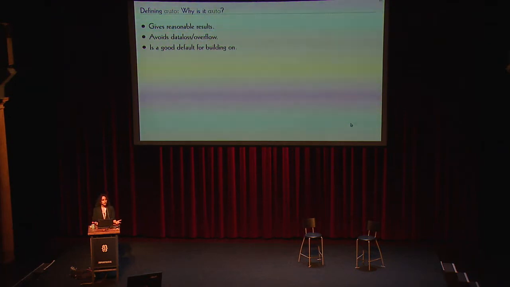We want a value that is a good default for building on, so that if people want to do different things with a layout module, they will be able to start with auto and then modify things from there and have that make sense. And auto is something that does auto magic. So somehow magical. If it wasn't magical, it would be some other keyword, and it might have all of these other benefits, but we wouldn't call it auto.